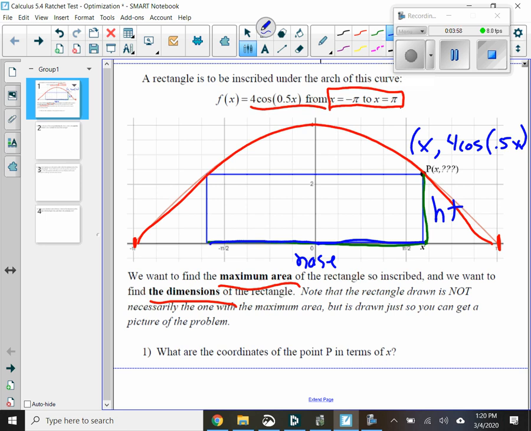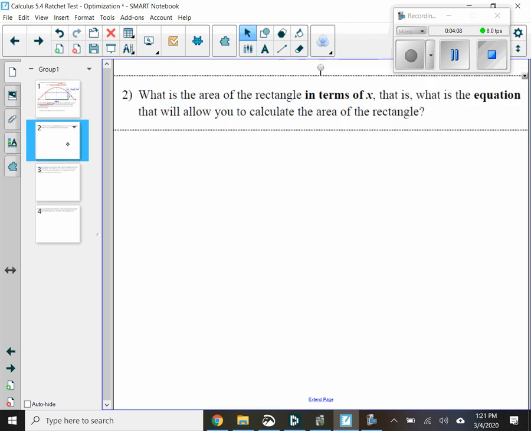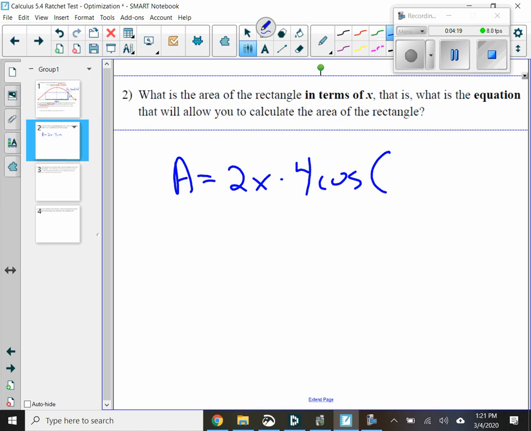And what's my height? 4 cosine 0.5x, yeah? Okay, so now I have my area is equal to my base, which is 2x, times 4 cosine 0.5x. There's my area.